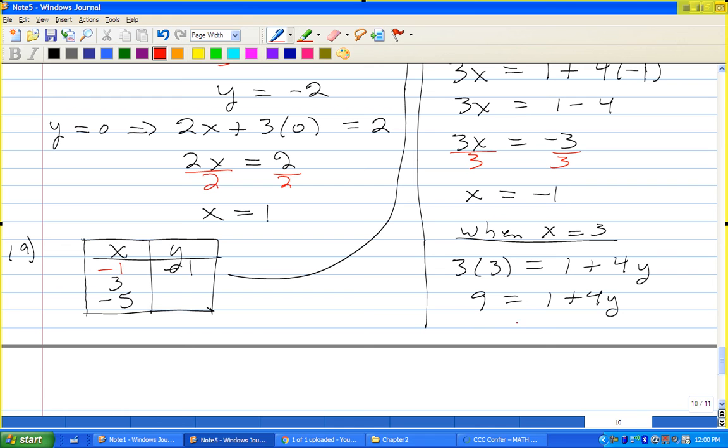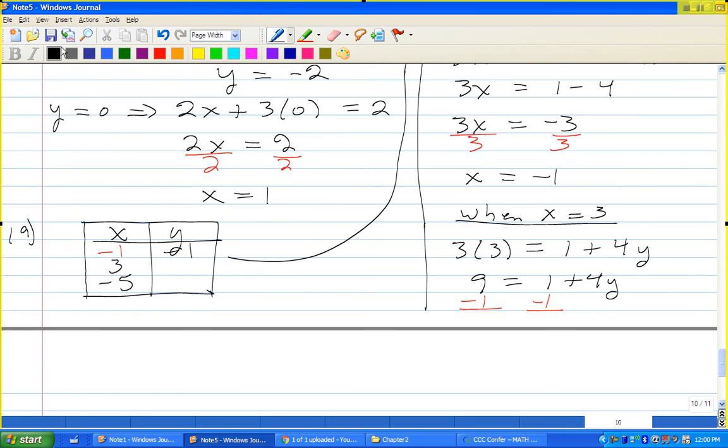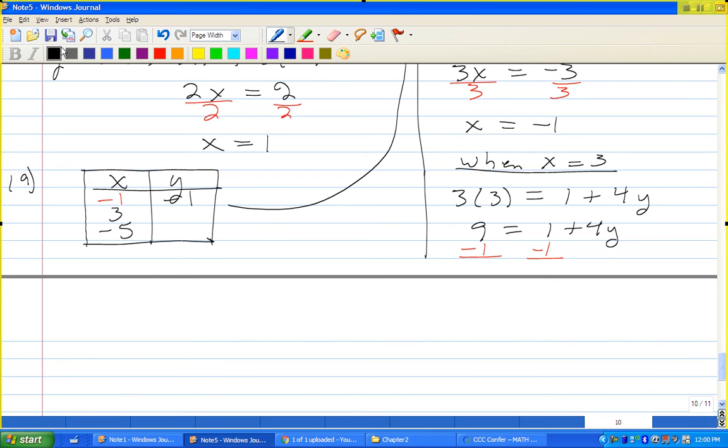Subtract 1 from both sides of the equation. So I get 8 is equal to 4y. Divide both sides of the equation by 4. And so y is equal to 2.